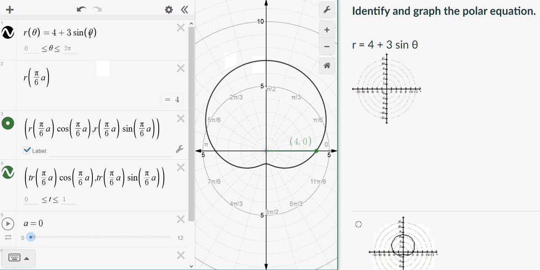So when theta is 0 degrees, r is 4. That's why you have this point right here. And here, that's the xy coordinate.